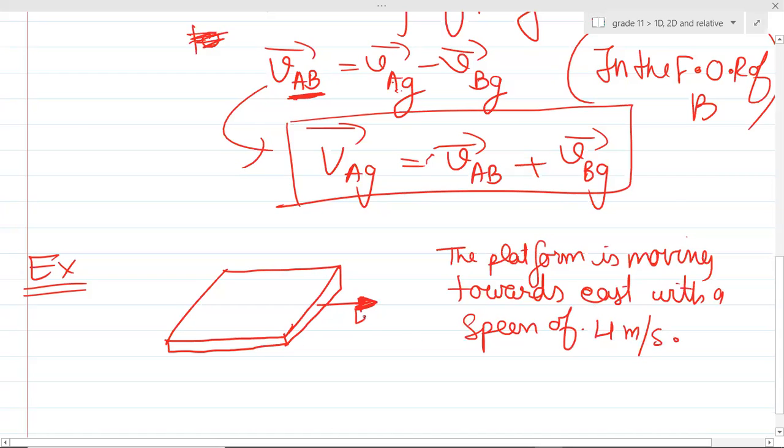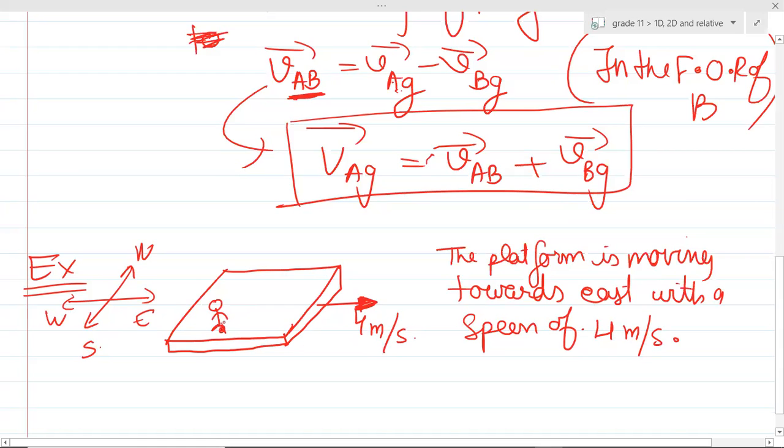Okay, so basically it is moving towards east with a speed of 4 meter per second. This is your east, this is your west, that is north, and this is south. Okay, so suppose there is this guy who is standing on the platform.